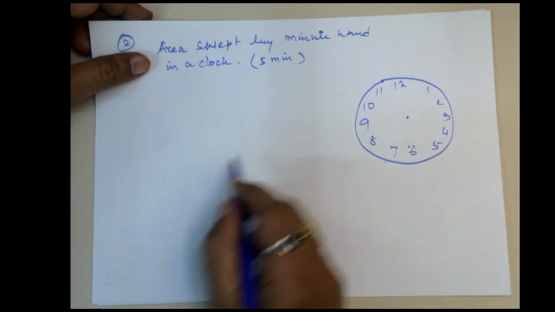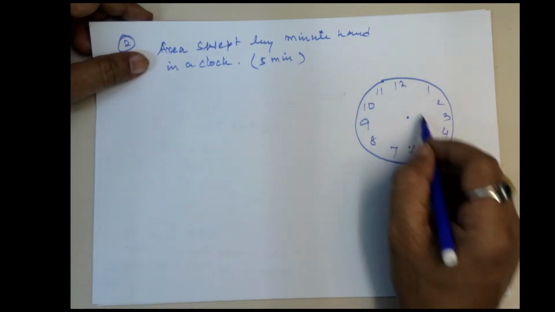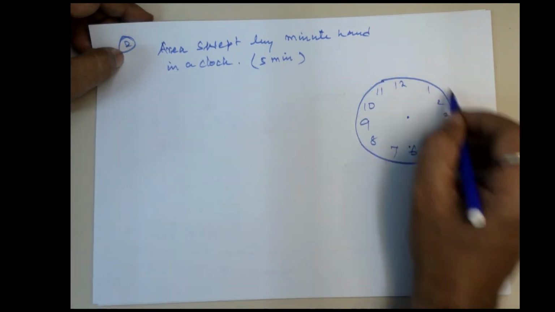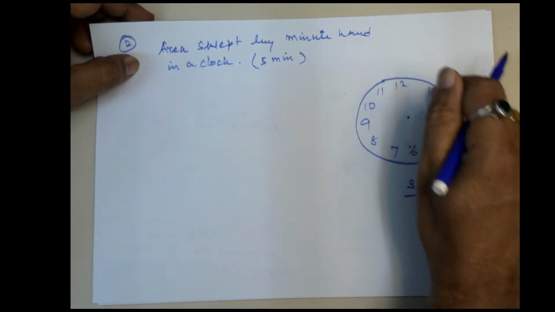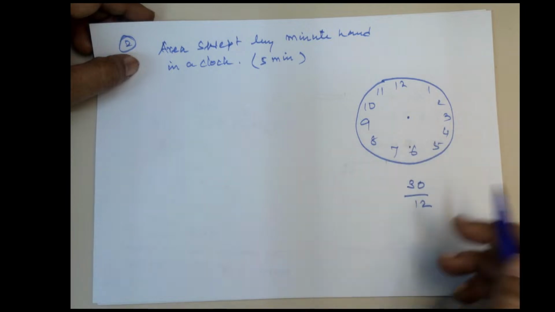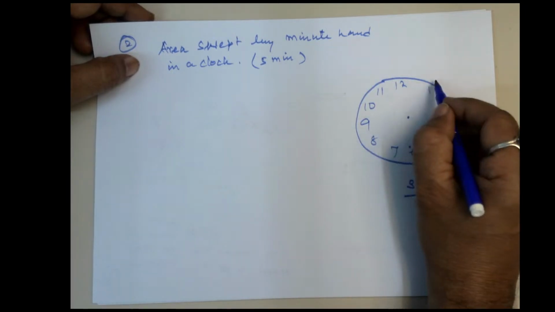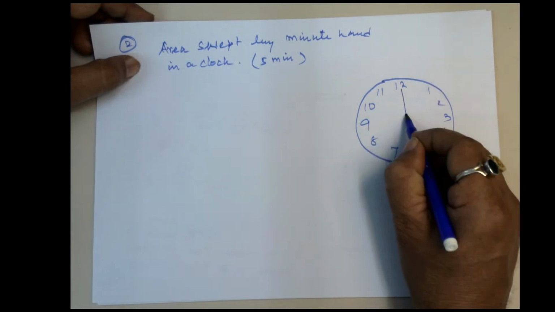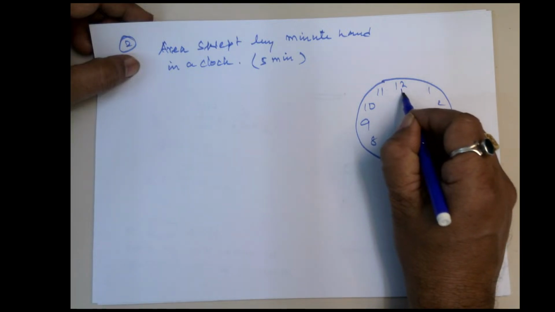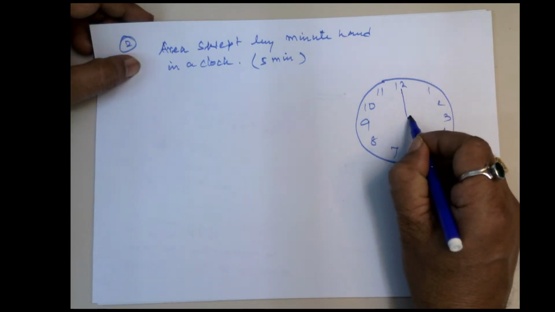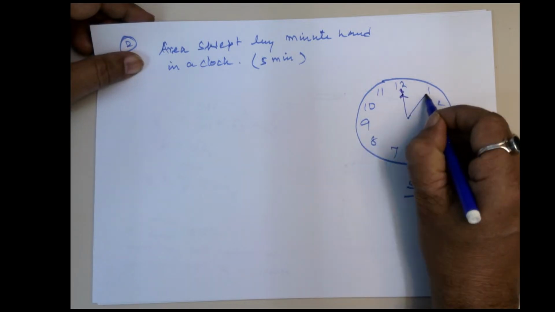So what are we supposed to do? You have to divide the entire 360 degrees of the clock by 12, because 12 partitions are there. So 5 minutes means this area. This is the hour hand. This is the minute hand.